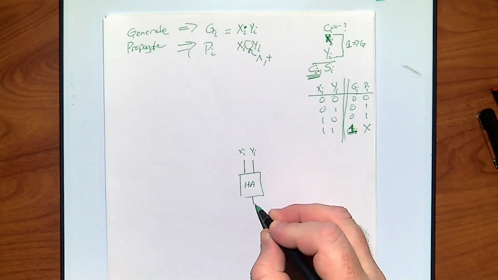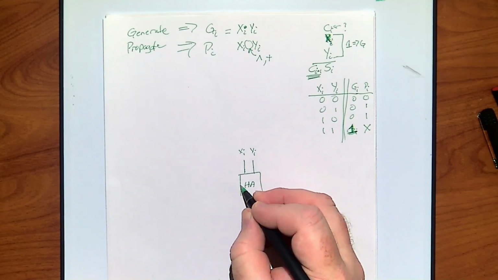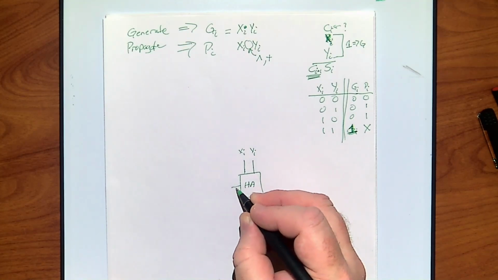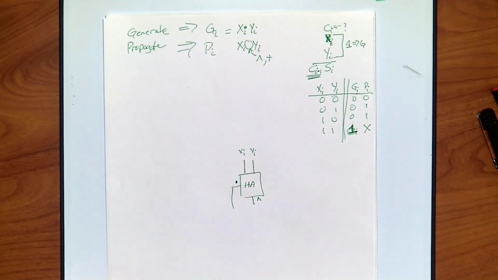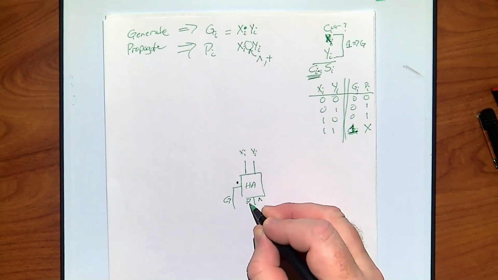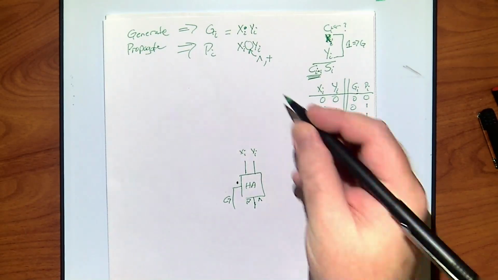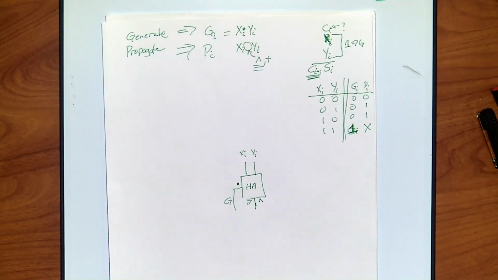It's going to have a sum bit, which will be XOR, and a carry bit coming out, which will be the AND of those two bits. So technically speaking, this is generate, and this could be considered propagate if you use the XOR version of it. The half adder turns out to be pre-taken care of for me.